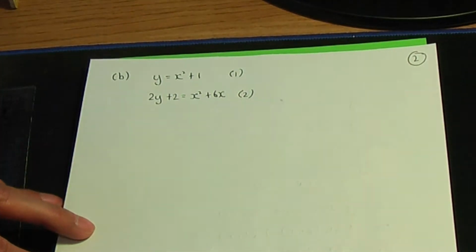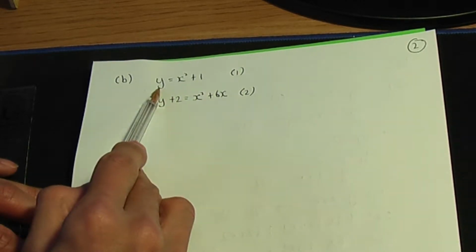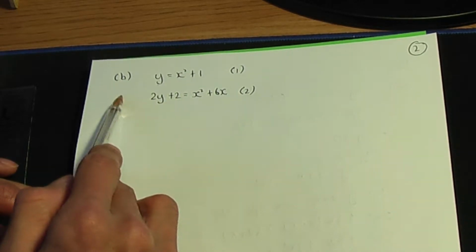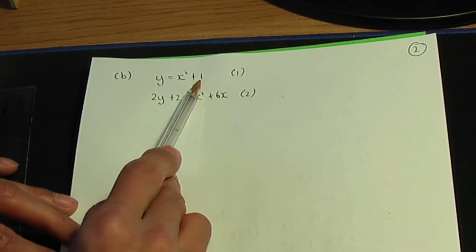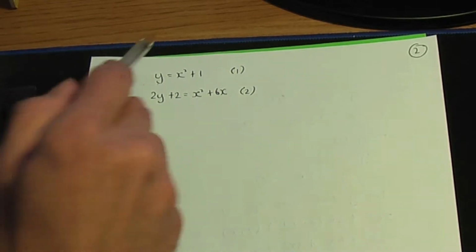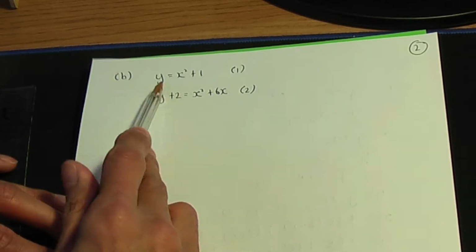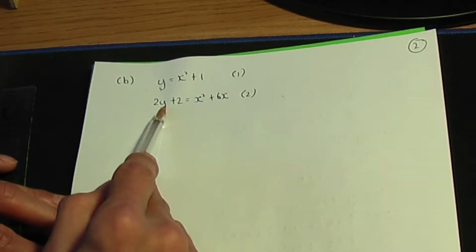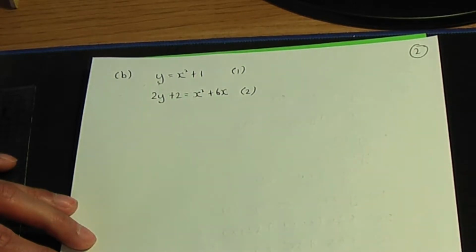Name your two equations. We have one of the equations which is already rearranged for y. So what I'm going to do is simply replace the y by x squared plus 1 in equation 2. So it's already rearranged for y, so it makes sense by using that rearrangement and replacing the y by x squared plus 1. Let's find the x values first.